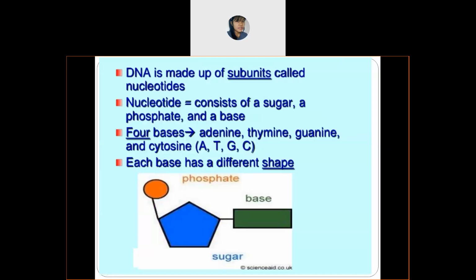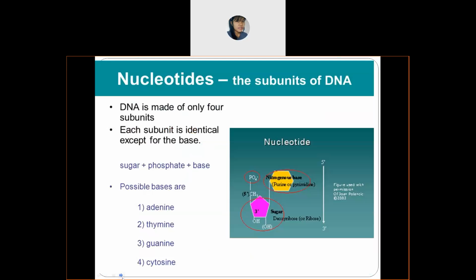Okay, now let's see again. The subunits of DNA is the nucleotides. Okay, it's given more clearly here. Okay, this DNA is made up of four subunits. Okay, and each subunit is identical except for the base. Okay, so here you will get sugar, the subunits of the nucleotides.